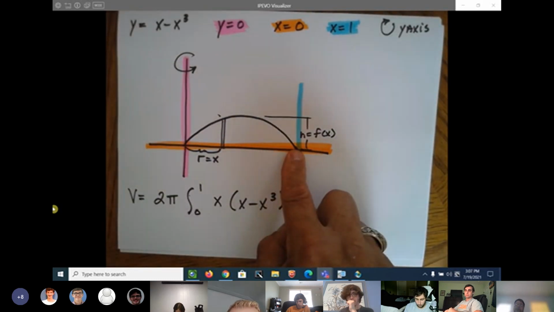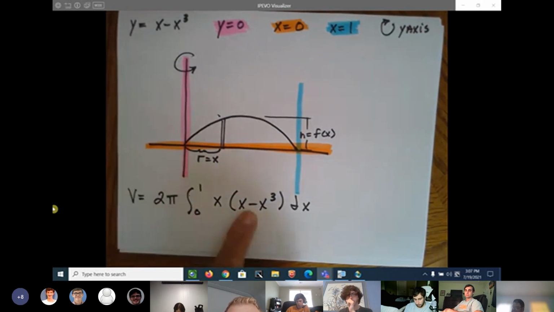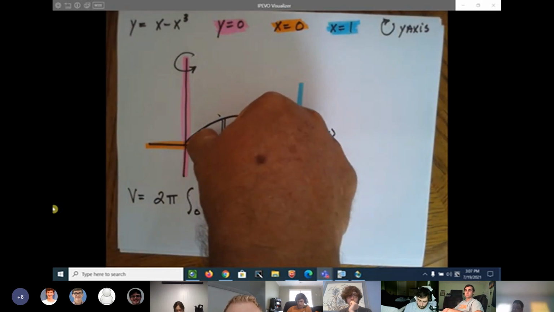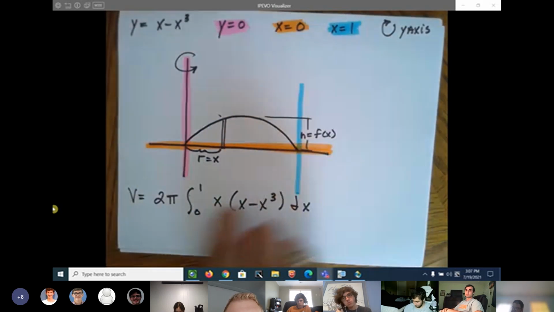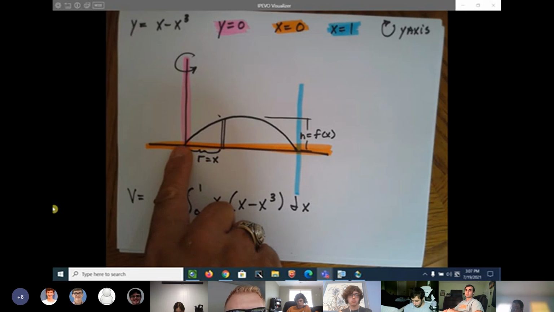It's infinite. So that's where you have to take that into effect with the antiderivative. Okay, x is equal to the radius. You may have a radius right there, radius right here, radius right there. This integral takes that x into account from 0 to 1.